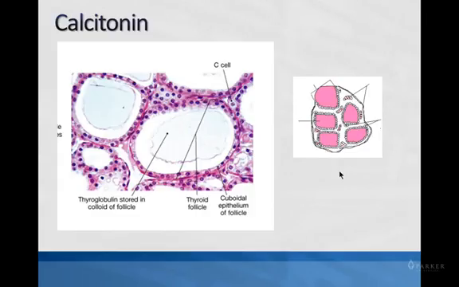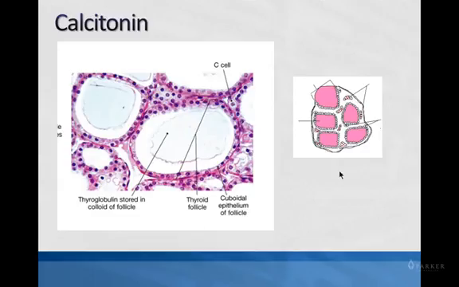It's released when blood calcium levels are really high. Okay? It's a relatively short half-life. But before I go on, in a normal adult individual, calcitonin does not appear to play a significant physiologic role in maintaining blood calcium levels.